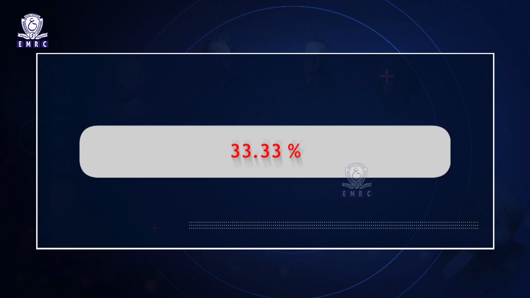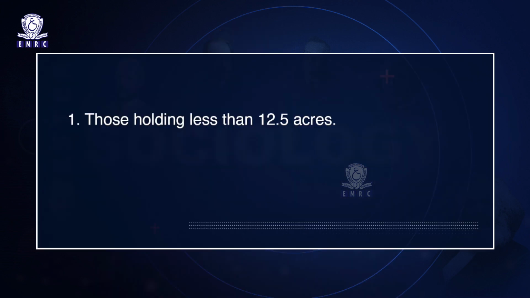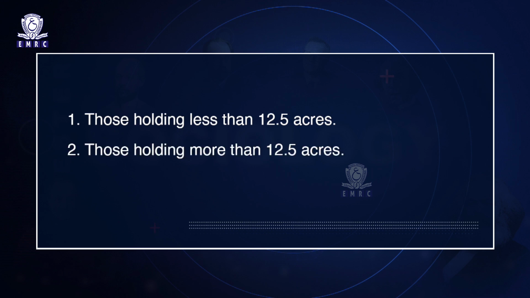33.33% in other cases. In Jammu and Kashmir, landowners have been divided into two categories. Number 1, those holding less than 12.5 acres and number 2, those holding more than 12.5 acres. For the farmer, the fair rent has been fixed at 1/4 of total produce for wetlands and 1/3 for dry lands.